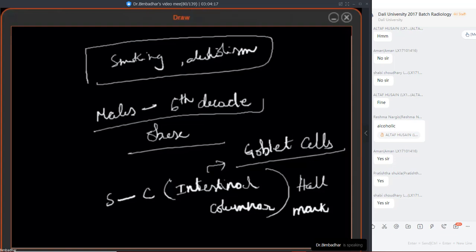Now you tell me, what is the common risk factor for esophageal strictures as well? Isn't it GERD? Isn't it Barrett's esophagus as well? Right? So a stricture converting itself into neoplastic tissue over the excessive stimulation by alcohol and tobacco is called esophageal carcinoma.